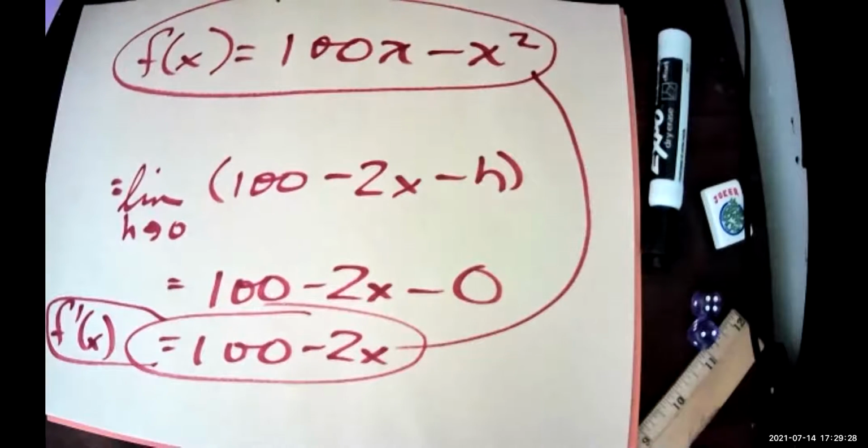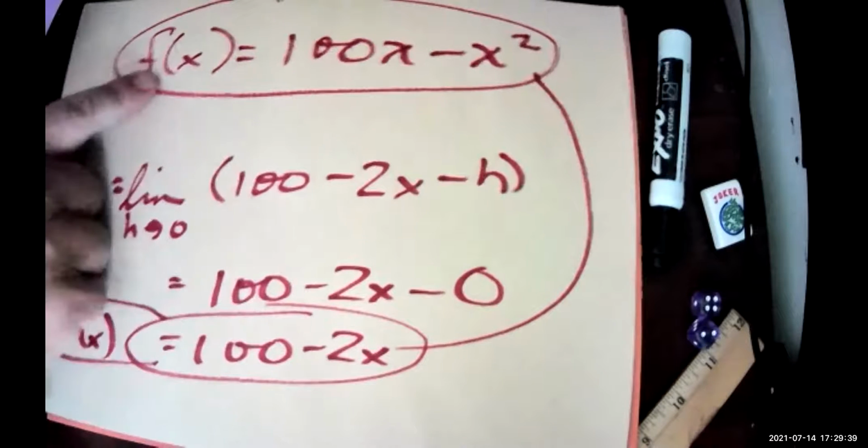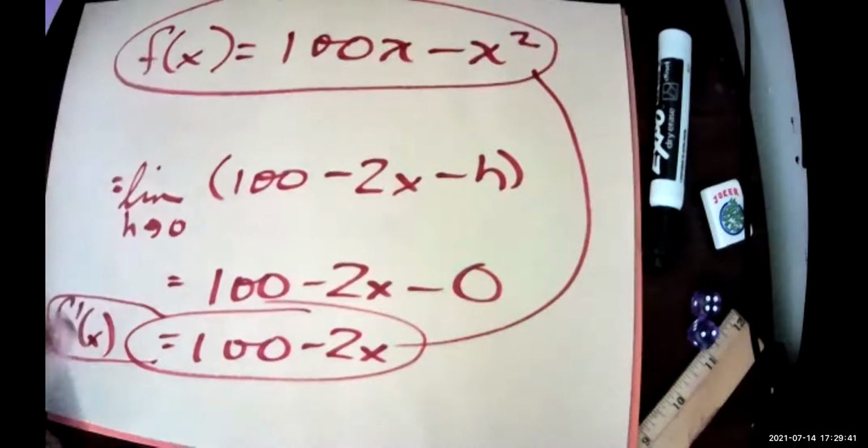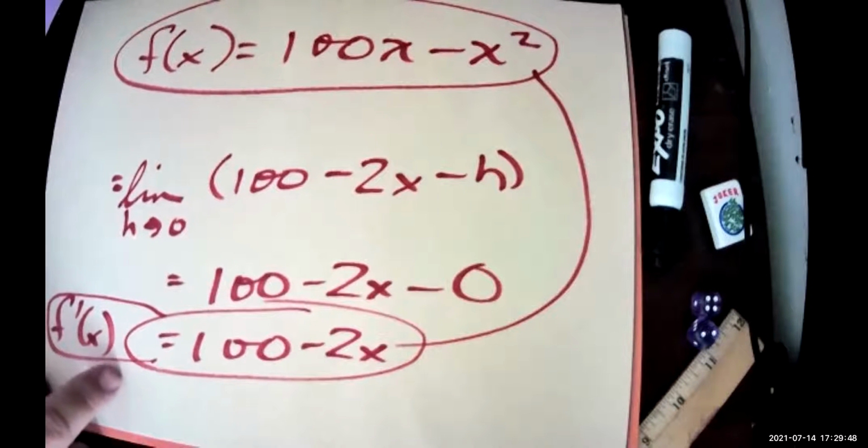Don't they look like they have some things in common? Like they both have 100 in them. Notice this is 2x and this is x squared. They both have a 2 in them. There are connections from when you first look at the function to what the derivative is. In fact, they're very basic scientific connections, and that's the shortcut here.